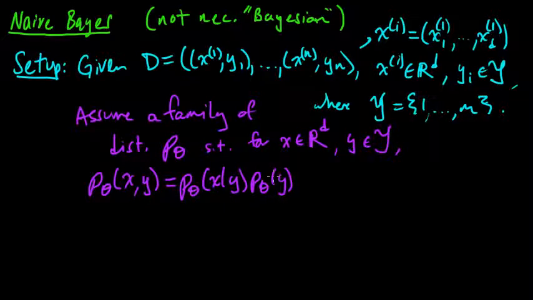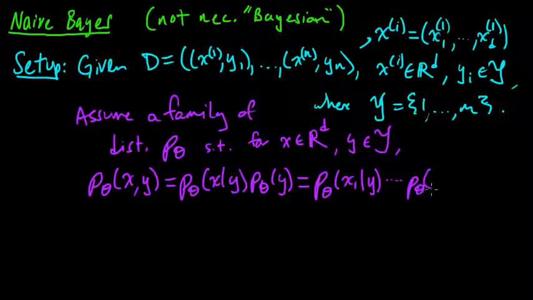But here is the key assumption in the naive Bayes model. Here it comes. We assume that this part factors as the product of the probability of the first coordinate given y times the probability of the second coordinate given y, and so on up to the probability of the d-th coordinate given y. So this is the key assumption here.